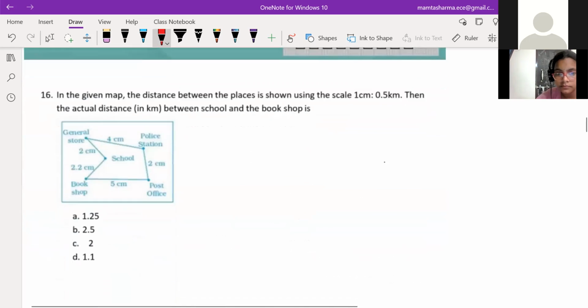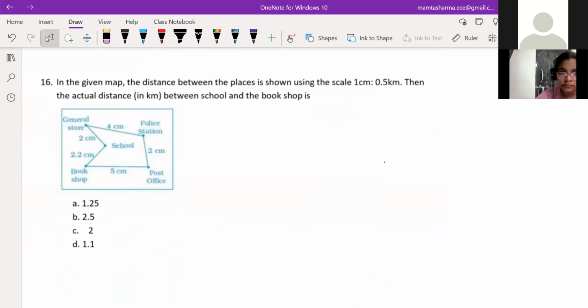Now see, based on this mapping, this type of question may come in your competitive exam. In the given map, the distance between the places is shown using the scale 1 to 0.5, meaning 1 centimeter to 0.5 kilometer.